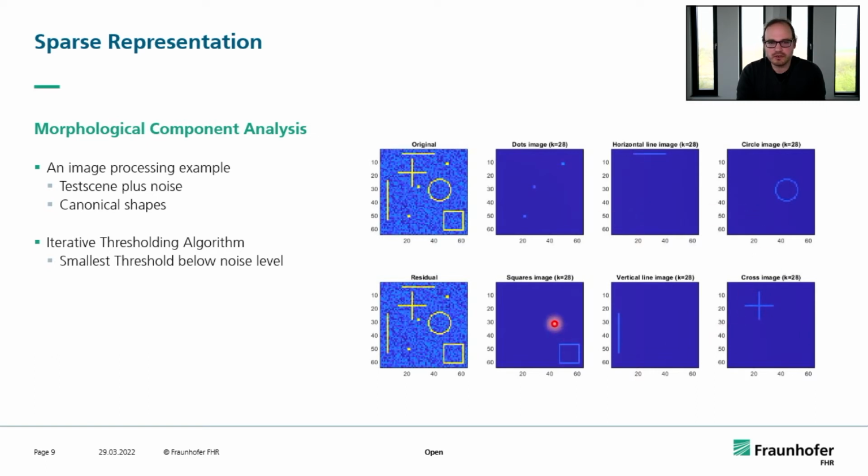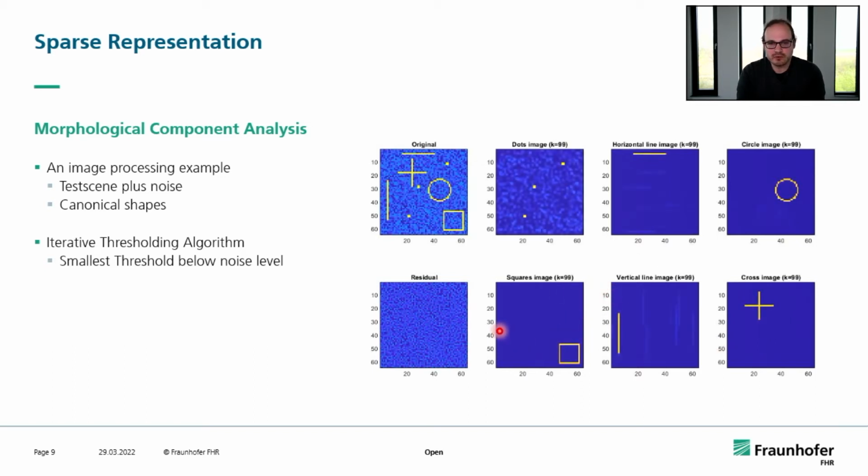Now we want to decompose this into the different components. This is the residual, so this is the input to our current iteration. And we can see that if we have a dictionary made of squares, lines, crosses, circles, and so on, we can decompose our image into these different kinds of shapes. It's just image processing here at the moment.